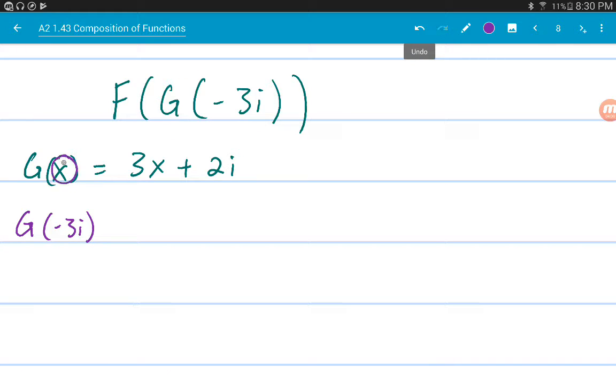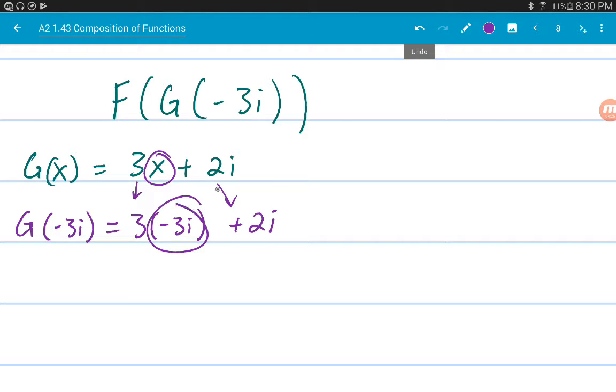What have I done except for take x and replace it with negative 3i? So that's exactly what I'm going to do here. Replace x with negative 3i. Everything else stays the same. The 3 is the same, the plus 2i is the same. Only thing that changes is x becomes that in parentheses.